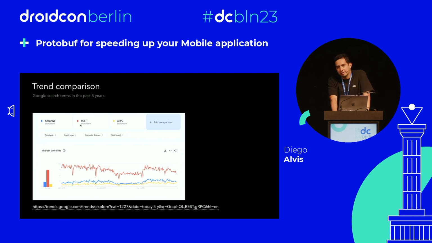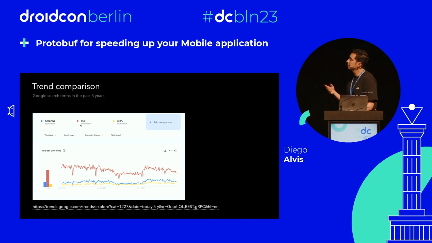Another benchmark that I found very interesting is the trend. gRPC was released in 2016, and in the last 5 years, there isn't any indicator that is going to change or is going to replace RESTful, right?